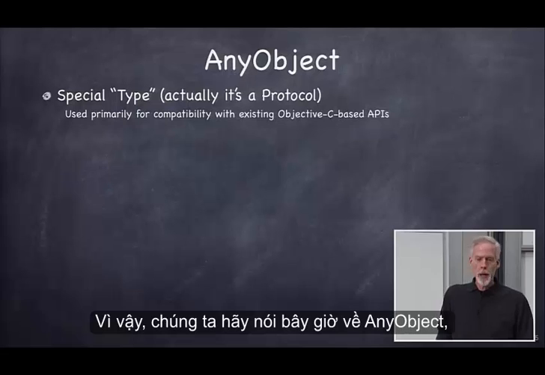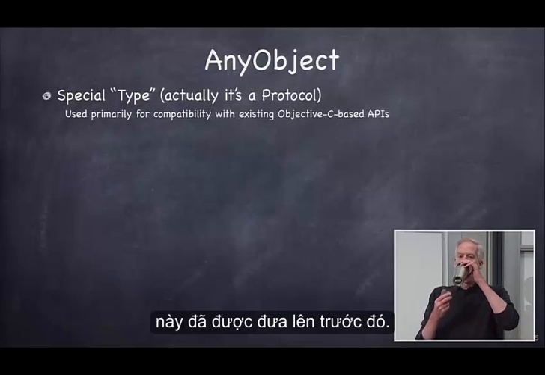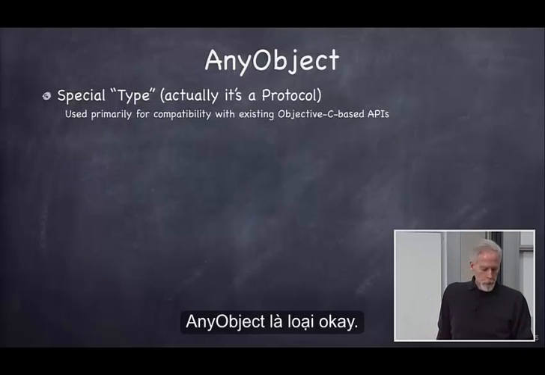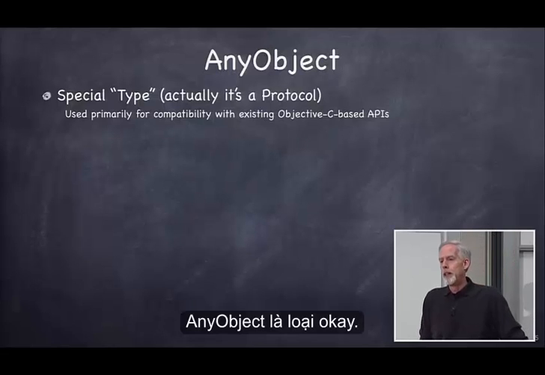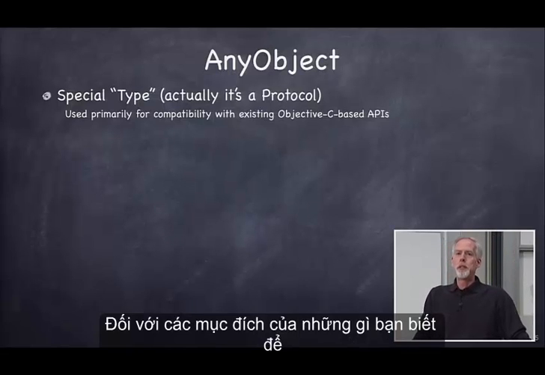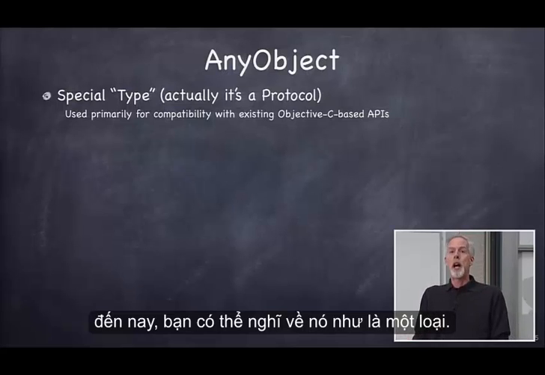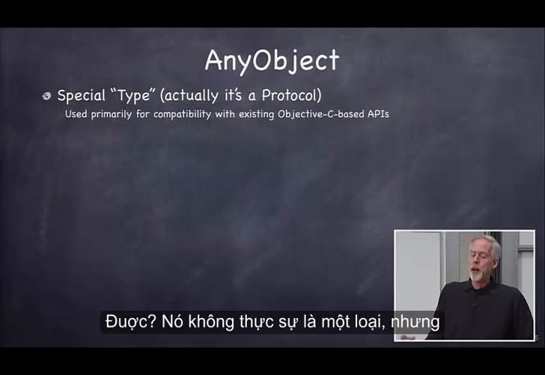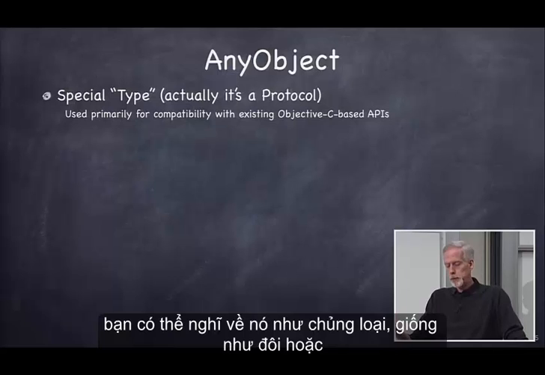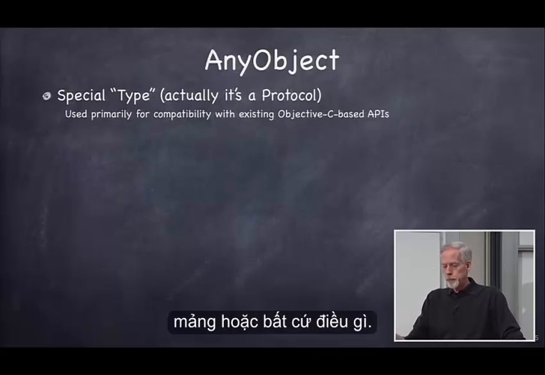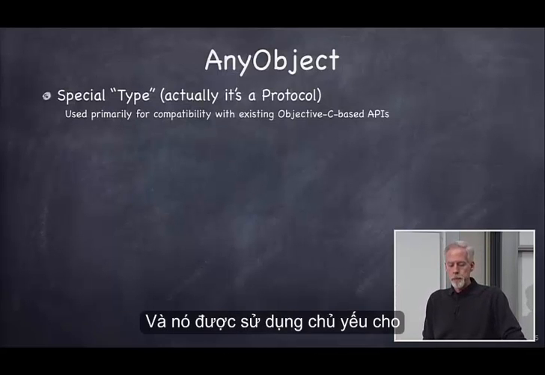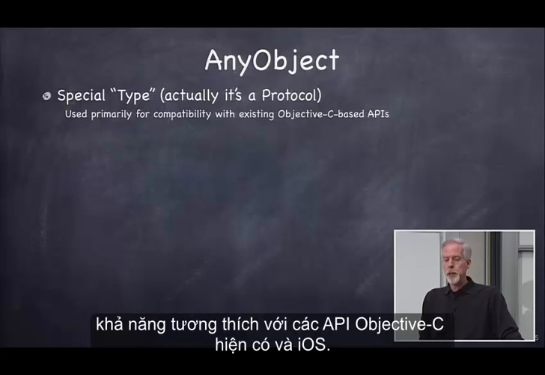Okay, so now let's talk about AnyObject. This was brought up earlier. AnyObject is kind of, okay, for the purposes of what you know so far, you can think of it as a type. It's not really a type, but you can think of it as a type, like double or array or whatever. And it's used primarily for compatibility with existing Objective-C APIs in iOS.